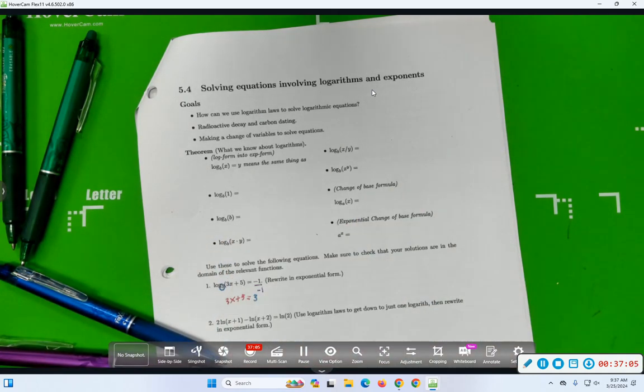So we get 3x plus 5 is equal to 3 to the power of negative 1. That negative 1 is in the exponent of the 3. Does that look like an easier equation to deal with? Yeah, because what does 3 to the power of negative 1 mean? What is 3 to the negative 1? Negative 1, positive 1 power, or positive 1. Yeah.